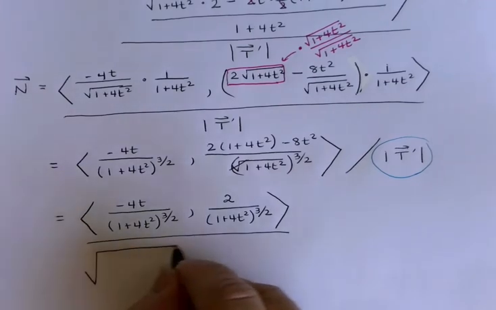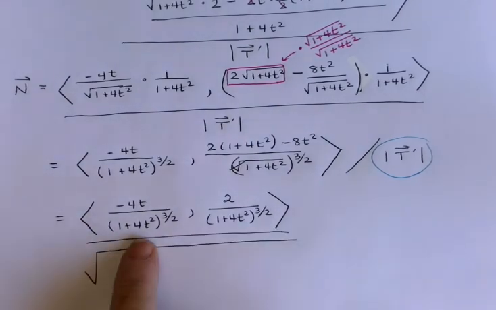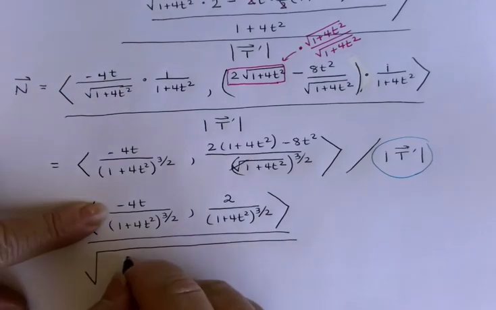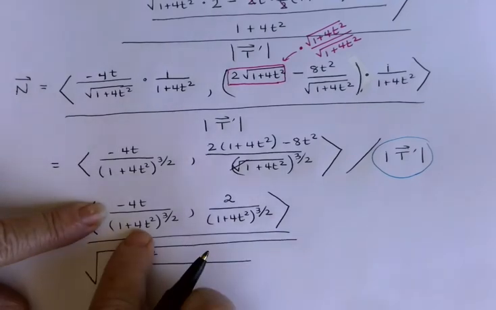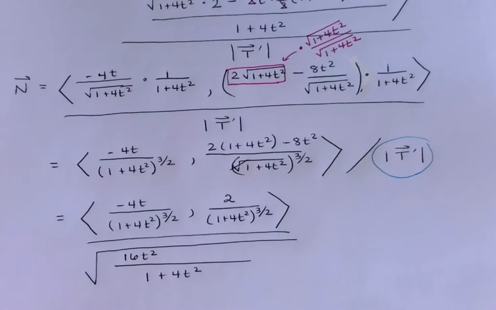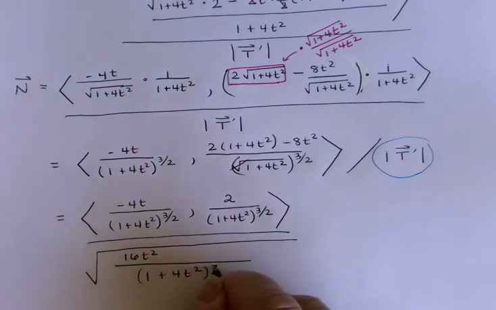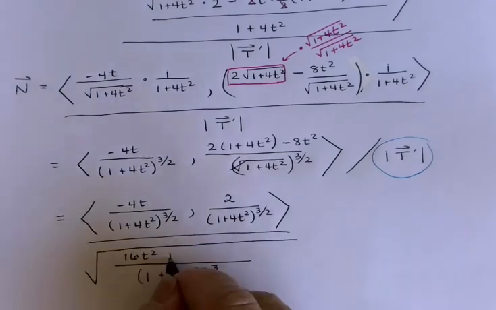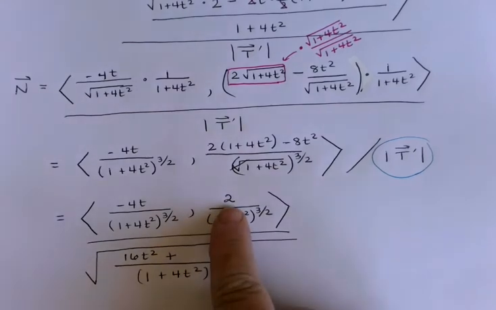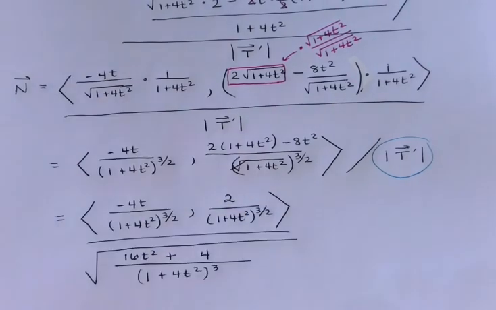I have to divide by the square root of this squared plus that squared. When I square this, I'll get 16t squared over the square of that, which is just going to cancel out that denominator, 1 plus 4t squared to the 3rd power, plus, same denominator, so I'm making it all one fraction, and the square of that one would be 4.